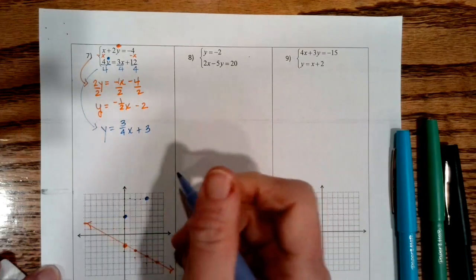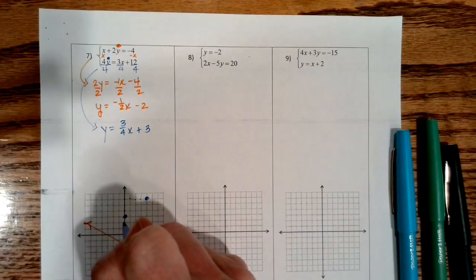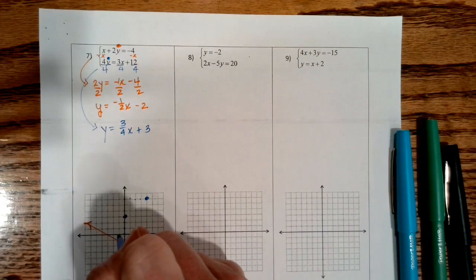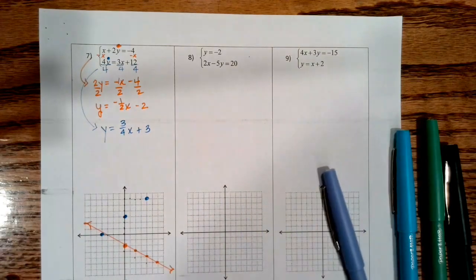Now I'm going to go negative also because I'm looking for where it's going to intersect. Fall 1, 2, 3, run 1, 2, 3, 4. I might go back and recount this slope.